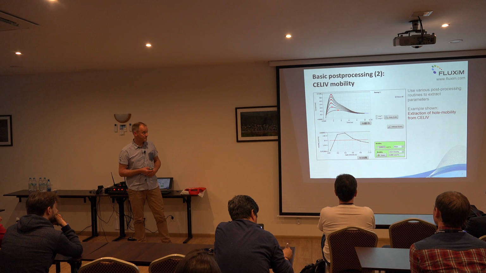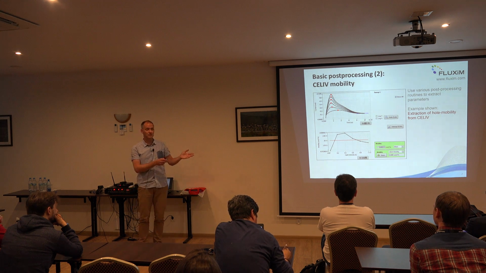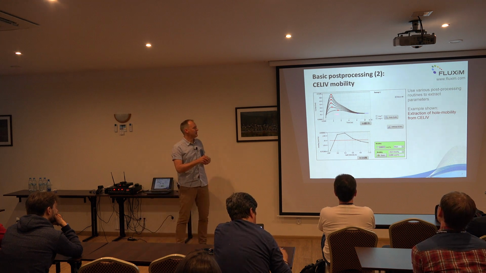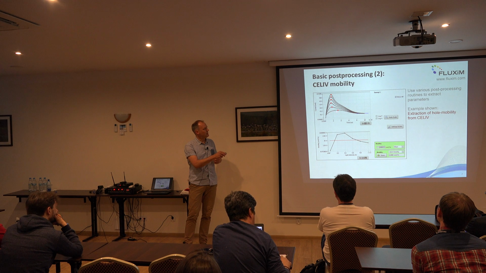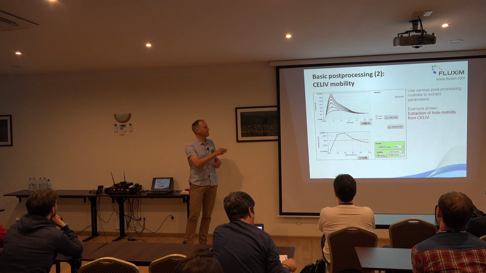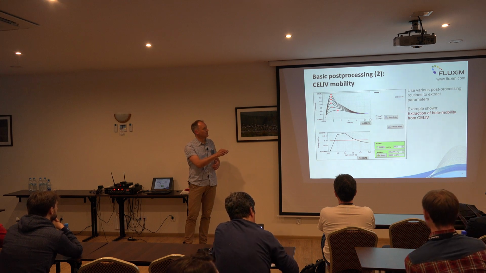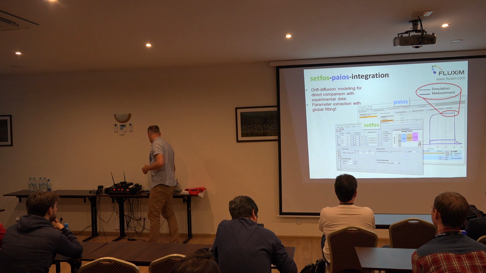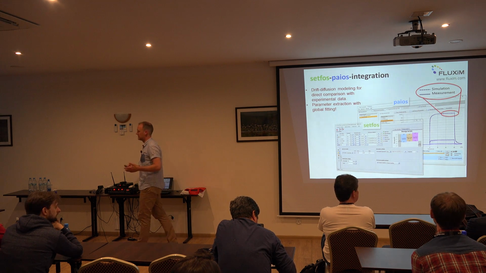That's an example. But again, this is basic post-processing, which does not capture all the physics. So we have made some publications where we were able to simulate the full curve by drift diffusion modeling rather than just assigning mobility to the peak position. So that's then the next category, which is not basic.